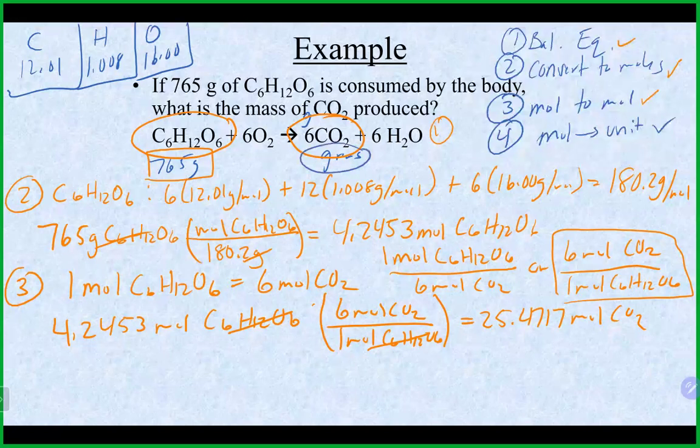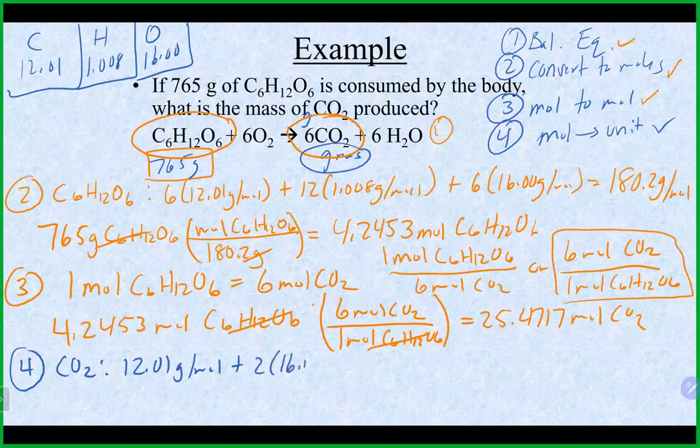But we do want grams, so we do have to do the 4th step. That is going to require us to get the molar mass of CO2 at this point. Going back to the periodic table, 12.01 for the 1 carbon, plus 2 times our 16 for our oxygens there, giving us 44.01 grams per mole.